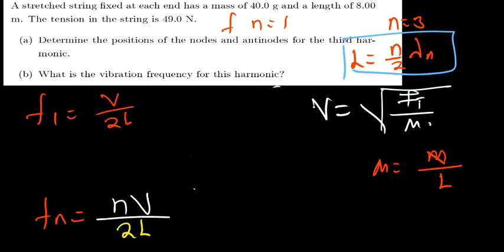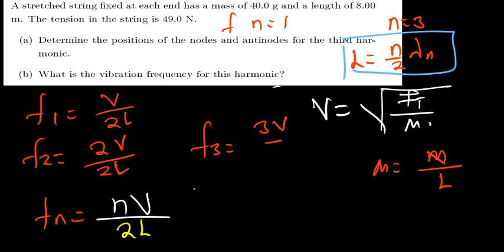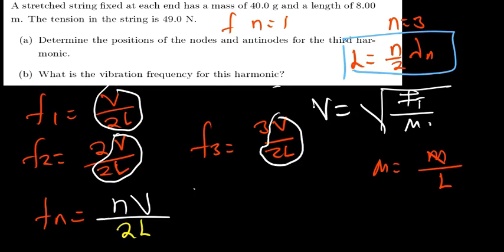Then we'll have 2V over 2L. We can see that this part will not change. Even when I go to the third harmonic, it will be 3V over 2L. So this part doesn't change. Only n is the one which is going to change. Then I can have the general formula.